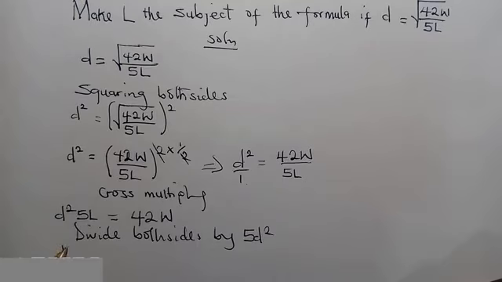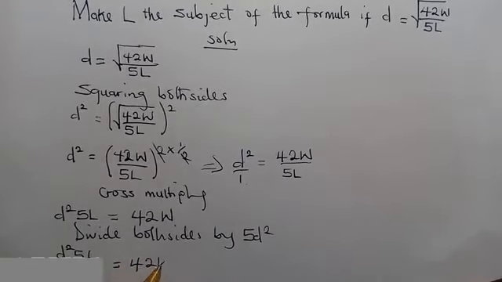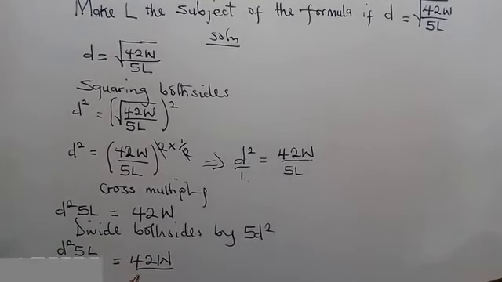So D square 5L divided by 5D squared is equal to 42W over 5D squared.